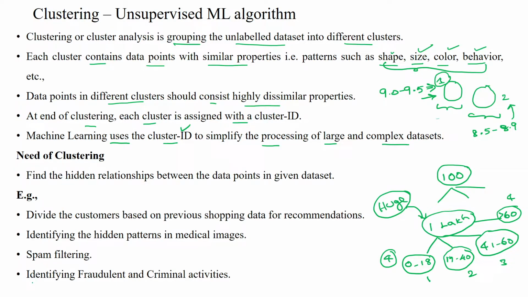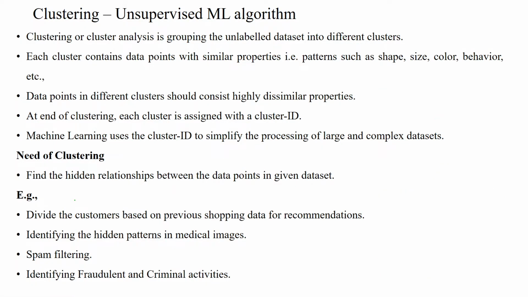What is the purpose of clustering? Clustering is used to find the hidden relationship between the data points in a data set. For example, if you are taking cars, you have cars in the given image.